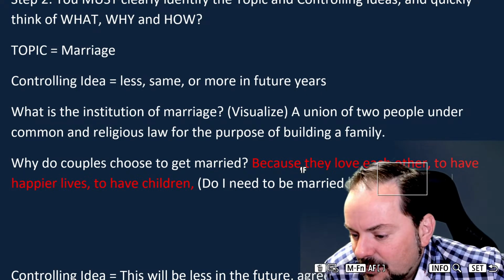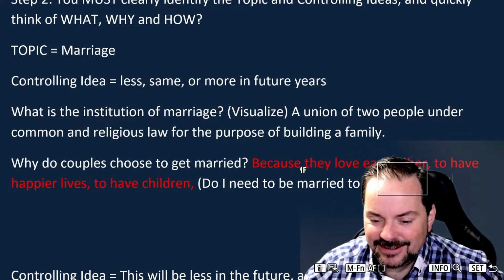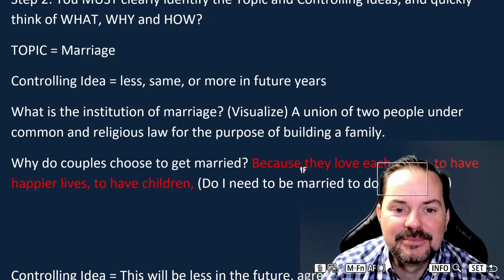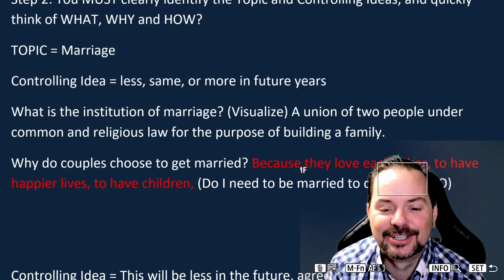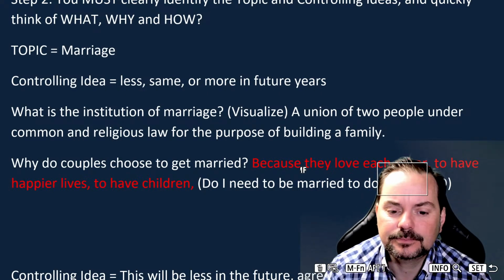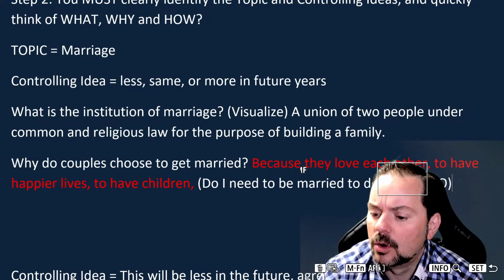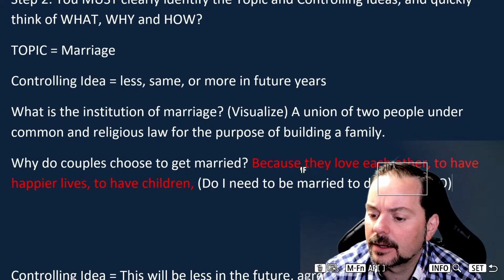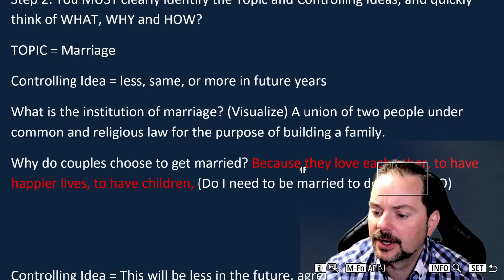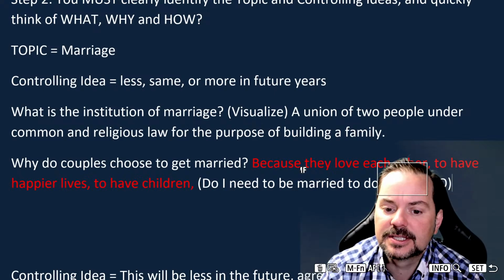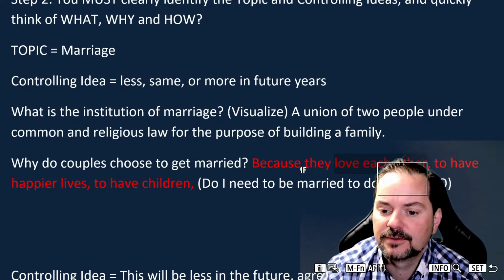Ghazi says to help the population. No, Ghazi. I don't think people get married to be like, oh, I'm going to help the population. Okay? But your thinking is kind of in the right direction. So, Elizabeth, this one here. So Elizabeth says because they love each other. Okay, let's focus on that one.